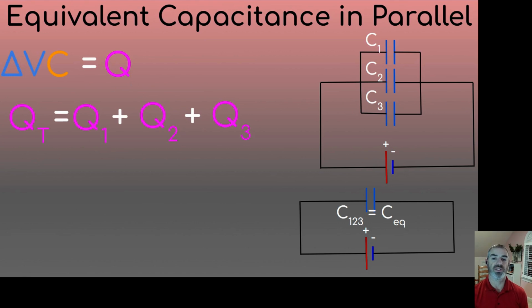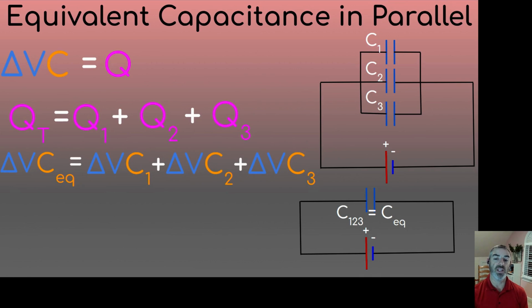So delta V times the capacitance is equal to Q. So we can substitute that in for each of the individual values. So the total charge that's moved is delta V times the equivalent capacitance, and then delta V times C1 plus delta V C2 plus delta V C3.